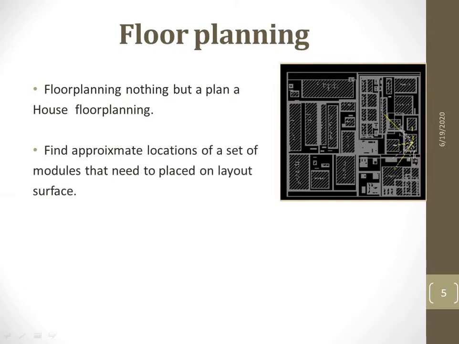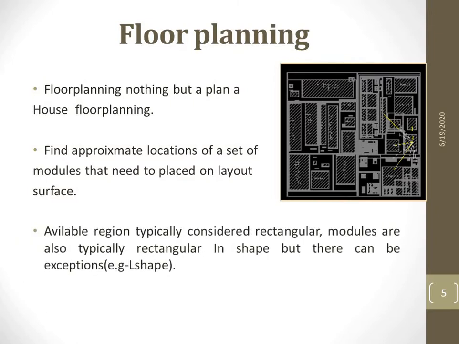So find approximate locations of a set of modules that need to be placed on the layout surface. The available region is typically considered rectangular, but modules may not be rectangular in shape; they can even be L shaped sometimes. So that also has to be considered when we look into the floor planning.